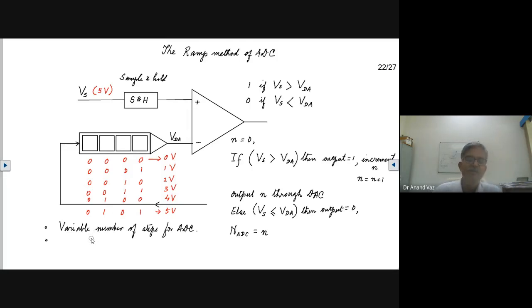So this is certainly a disadvantage. Naturally, if you are towards the end of the range, it could take a lot of time for high magnitude signals.